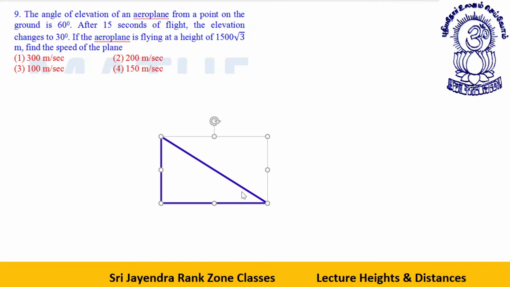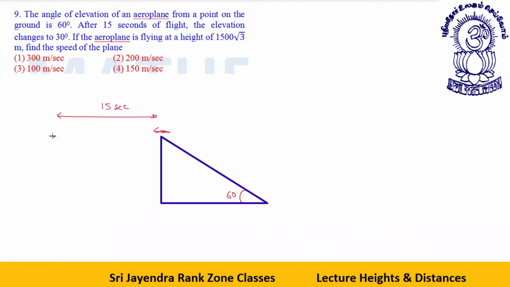Initially, the angle of elevation is 60 degrees. This is the aeroplane. It flies in this direction, and in 15 seconds this angle of elevation changes to 30 degrees.